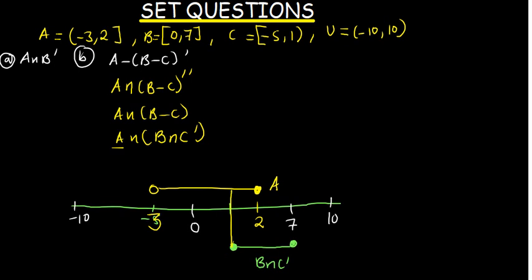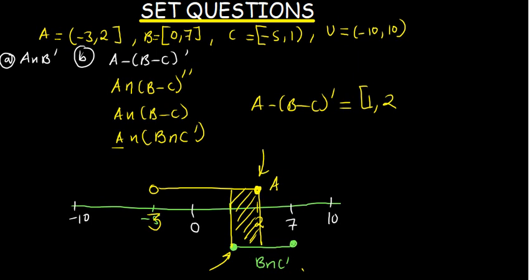We can see it's just here. Therefore, the question we are given, A minus B minus C complement, is just going to be from 1 up to 2. We can see 1 is part of the intersection, and also 2 is here. 2 is also part of this line. So that is going to be the answer. So that is it.